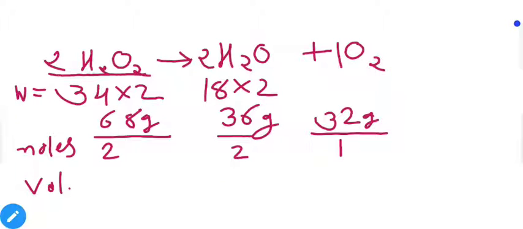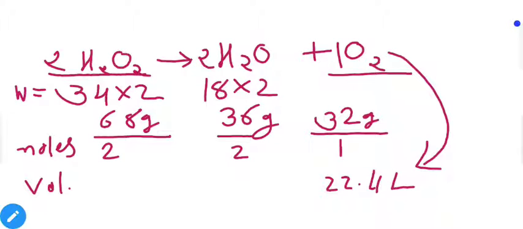Now water and H2O2 are both in liquid state, so we cannot measure their volumes directly, but we have oxygen in gaseous state. According to STP, 1 mole of gas is equal to 22.4 liters of gas. So we have 1 mole of oxygen, that means the volume of this 1 mole of oxygen will be 22.4 liters.